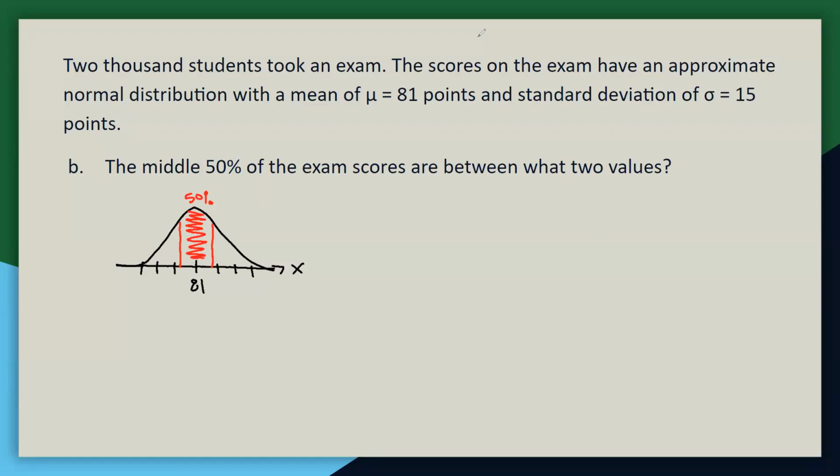If I have 50% in the middle, that leaves me 50% for the outside. And what's half of 50%? 25. So I know that this chunk over here is 25%. I know that this chunk over here is 25%. And that means that this chunk here, from this edge that way, is 75%.